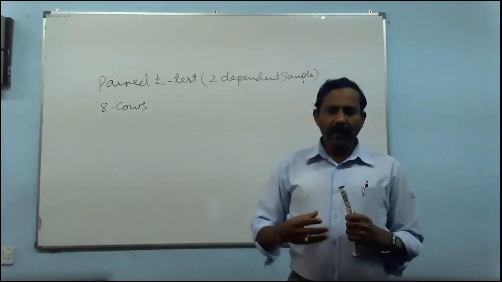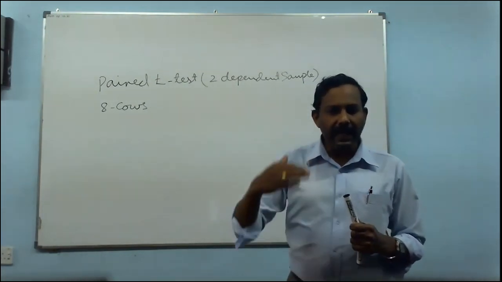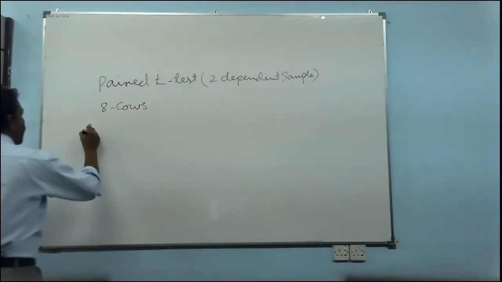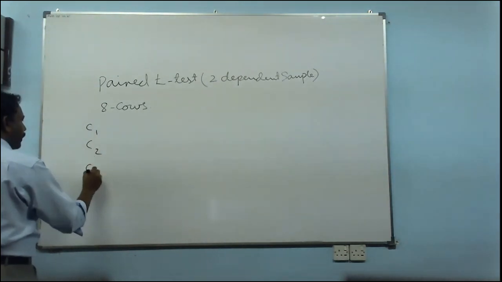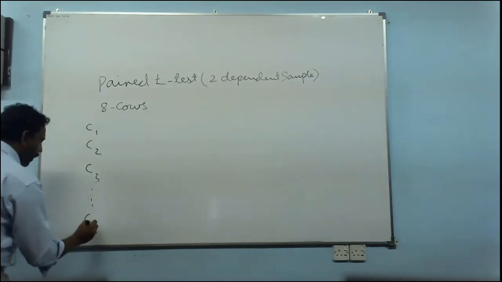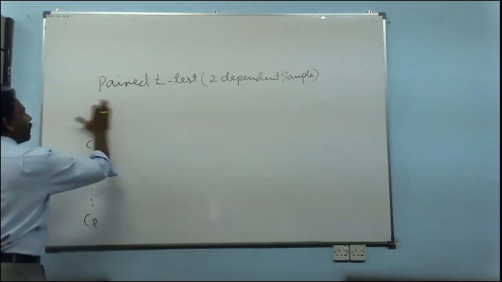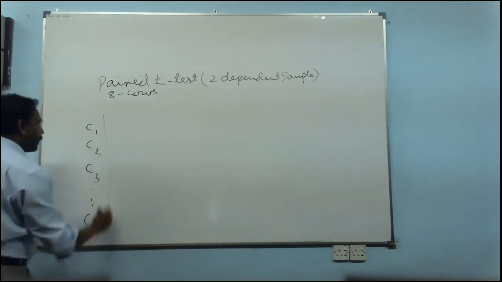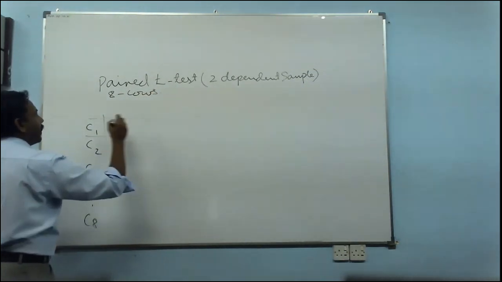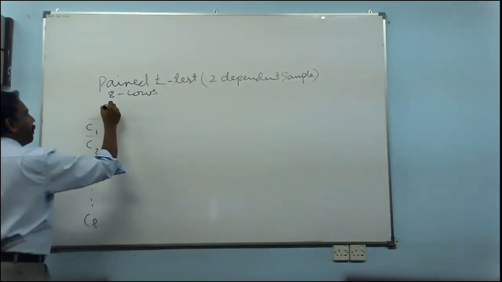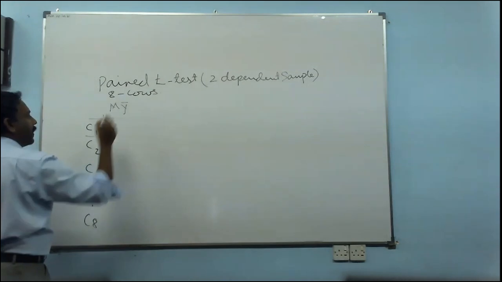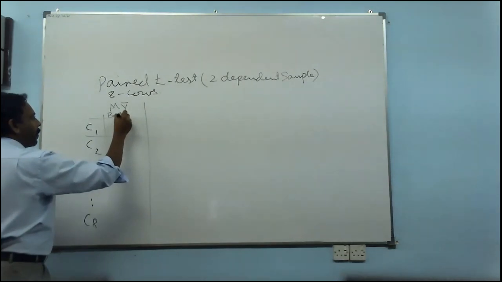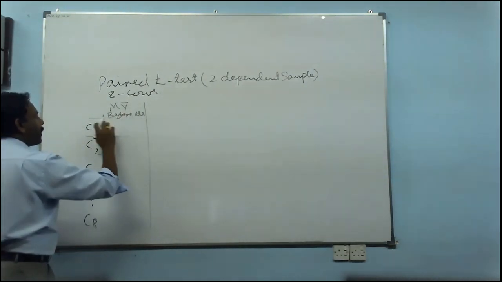Let's say today, what is the daily milk yield of each of these 8 cows: cow 1, cow 2, cow 3, and so on up to cow 8. The milk yield before the treatment.